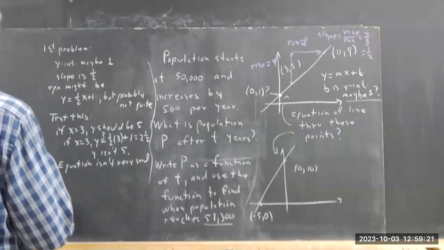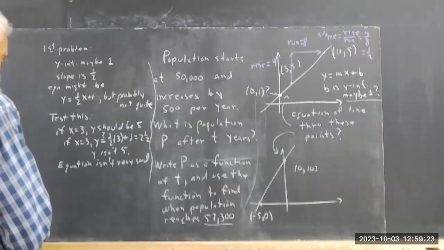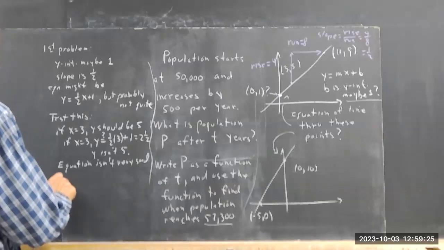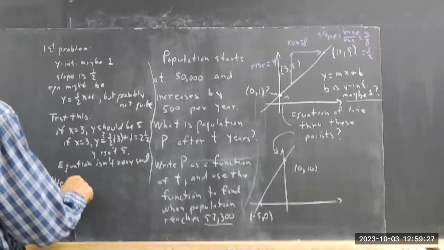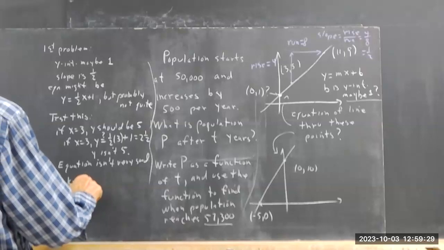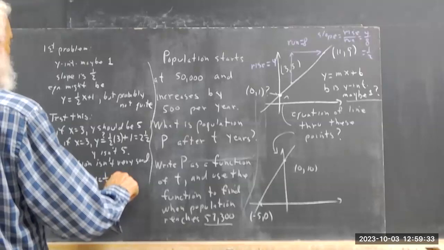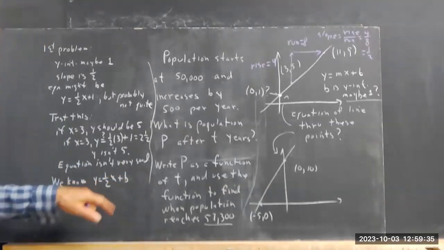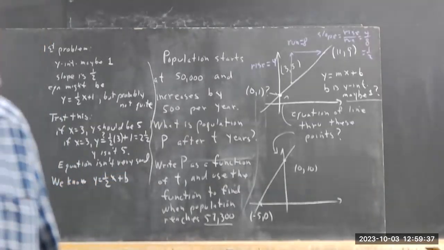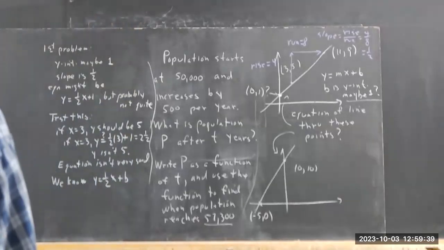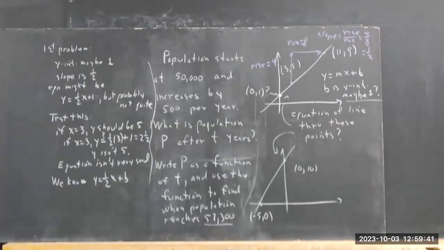And well, we know that y is 1/2 x plus b, don't we? And we know that when x equals 3, y equals 5.